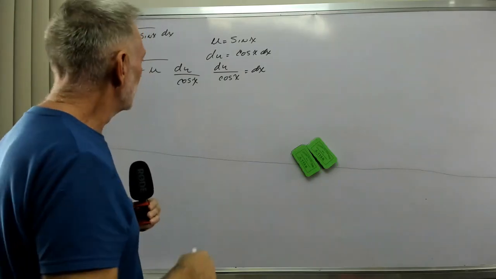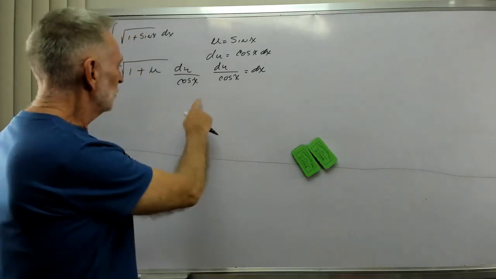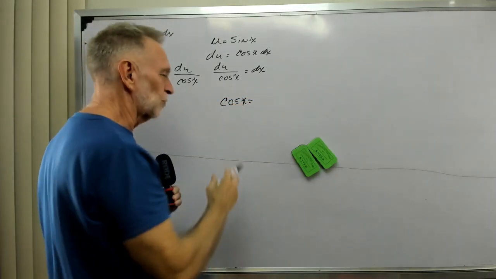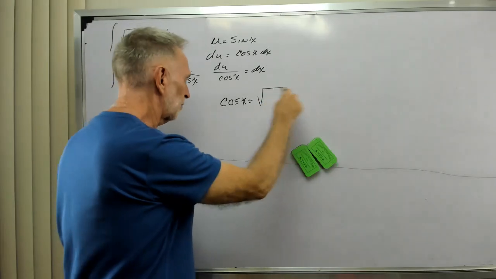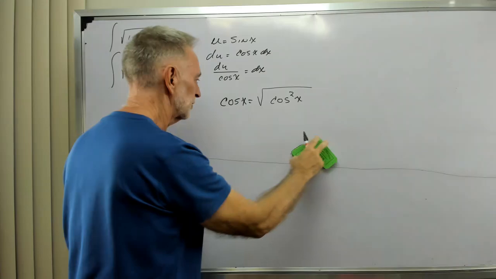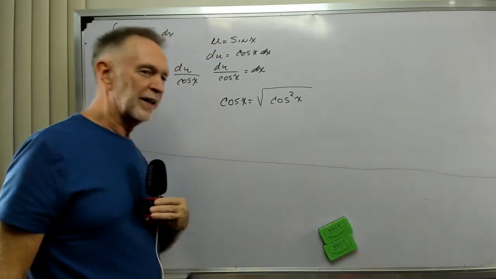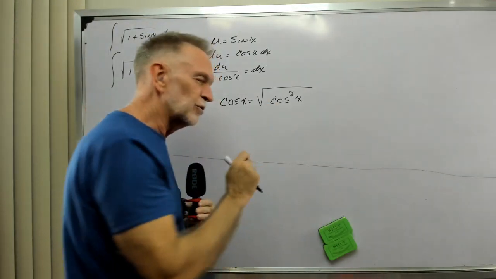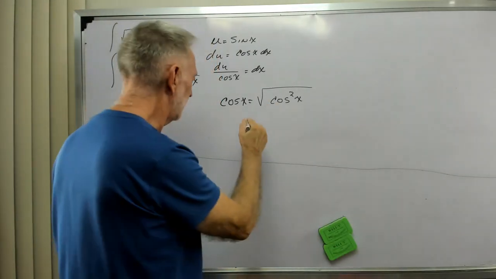Good for them. Okay, what if we were to say, well, cosine x is what? It's the square root of cosine squared x. And you may be thinking, well, duh, sure. But what is cosine squared? Ah, here we go.